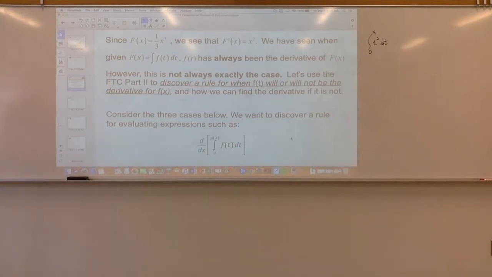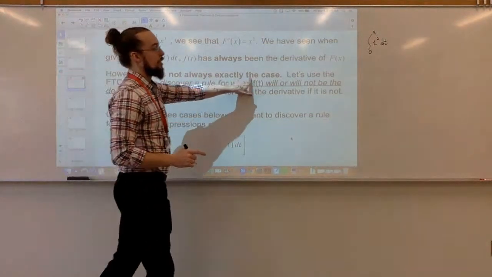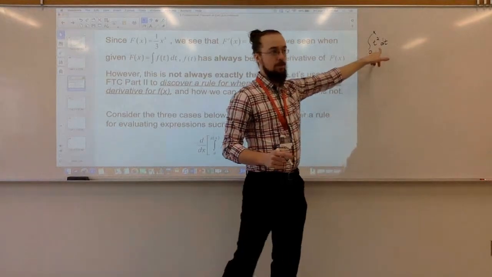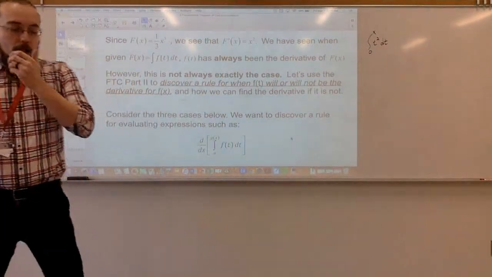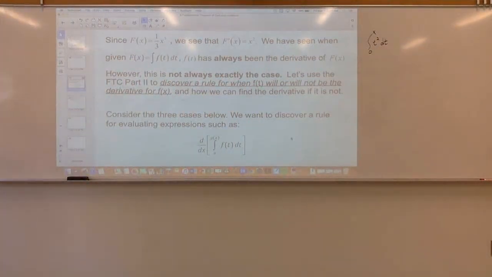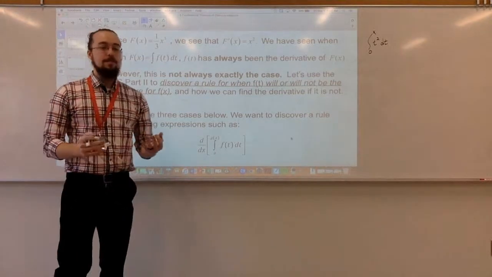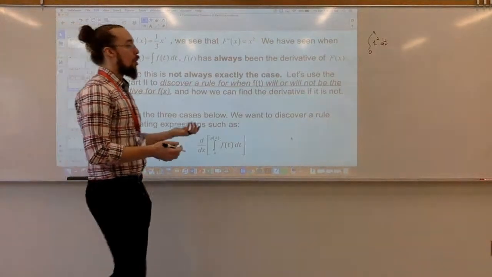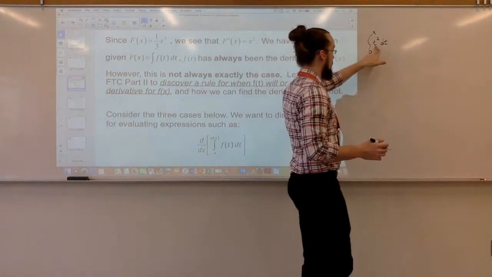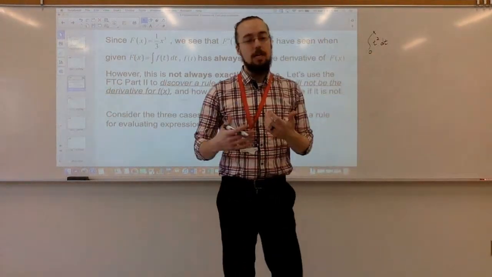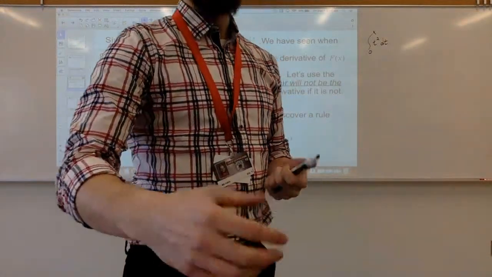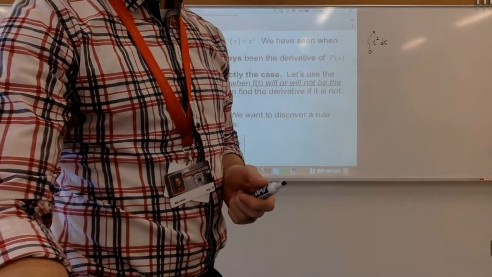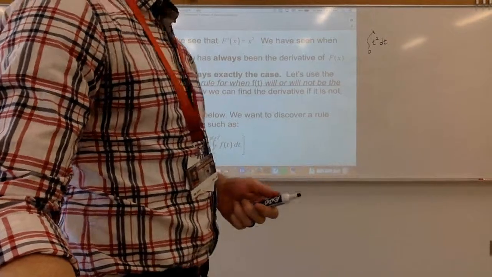However, we aren't always going to get this function. So what we want to do is take a look at 3 cases and see why we're not always going to get this function whenever I'm integrating over some interval where we have a function instead of a value.